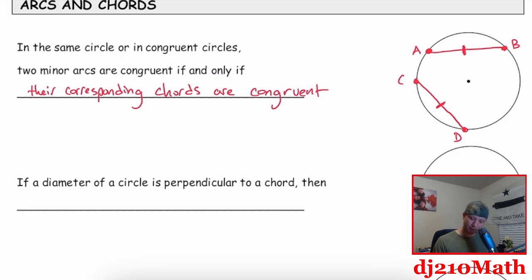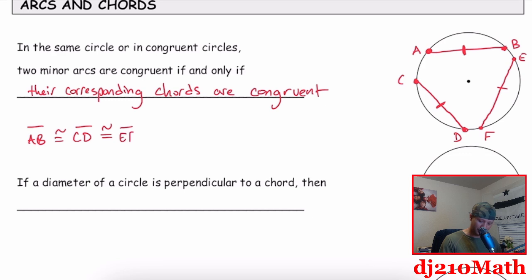So if we have another one, you could have multiple, E, F. Here we're saying that segment AB is congruent to CD, and that's congruent to segment EF.